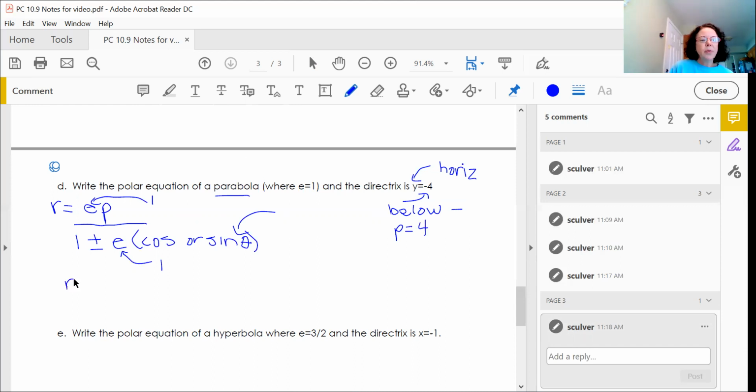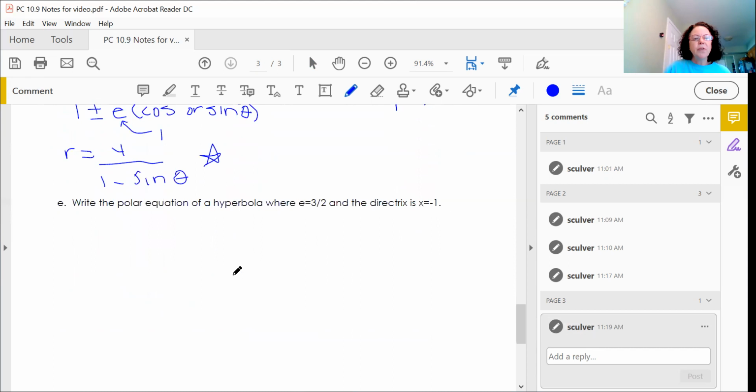There we go. Here's our equation. e times p in the numerator is 4. And we have 1 minus 1, which is e, so I don't really need to show it, times sine of theta. And that is the equation for your parabola.